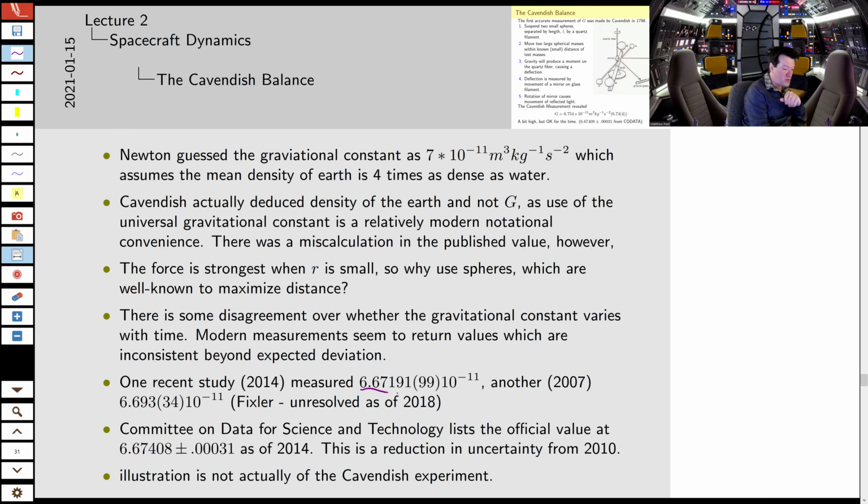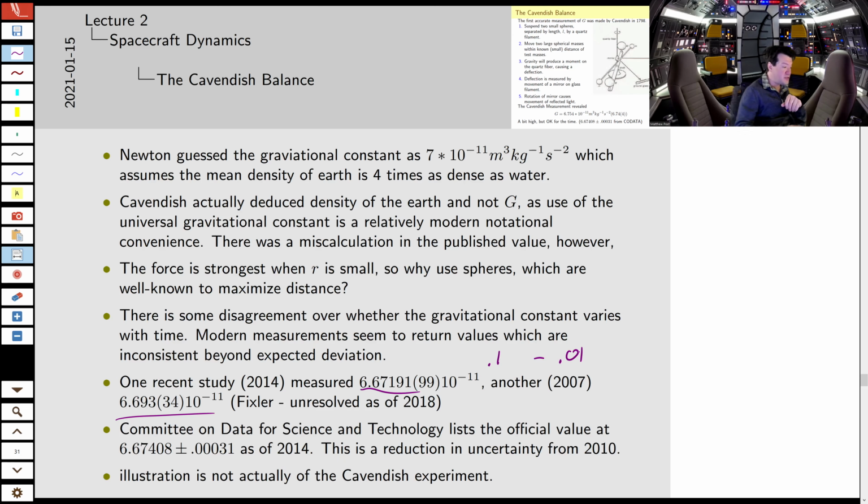There was a 2014 measurement at 6.67, and a 2007 measurement at 6.69. So over this 200-year interval, what have we done? We've improved our error from 0.1 to 0.01. Surprising that we still can't measure the gravitational constant of the universe well.